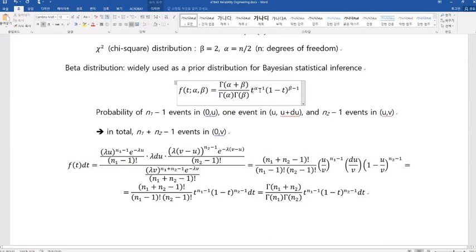If we simply change n1 and n2 with alpha and beta, then this function will have a very similar form to the one shown in this equation.